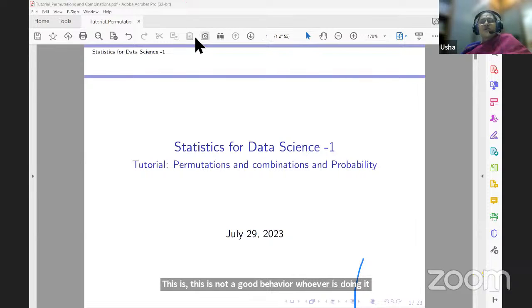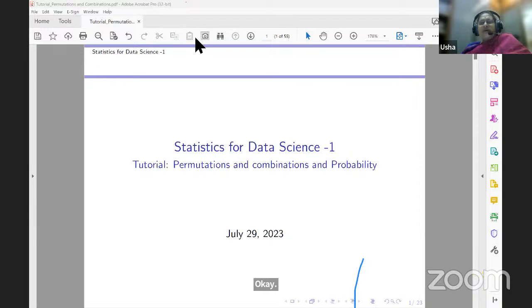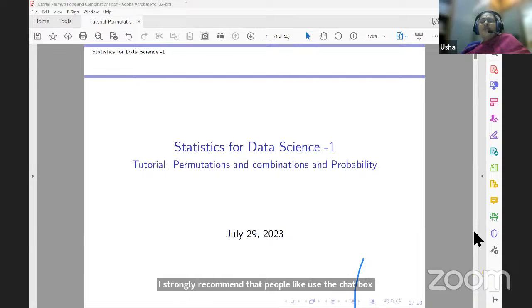Please disable the annotation. Thank you. And I would strongly recommend that people use the chat box to ask your questions.